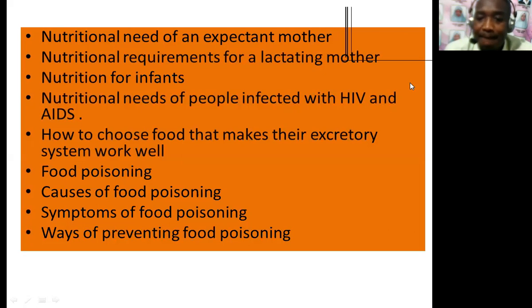Twelve, medicines, detergents, fuels, and other household chemicals should not be stored near foods. Lastly, but not least, fruits and vegetables that are eaten raw should be washed thoroughly before serving.